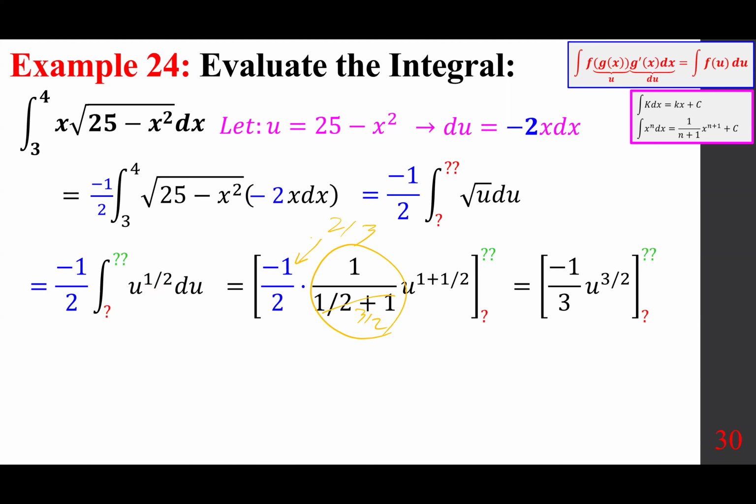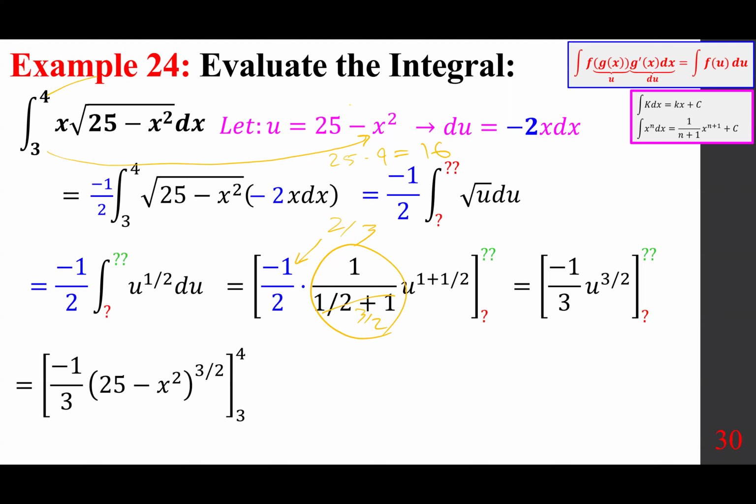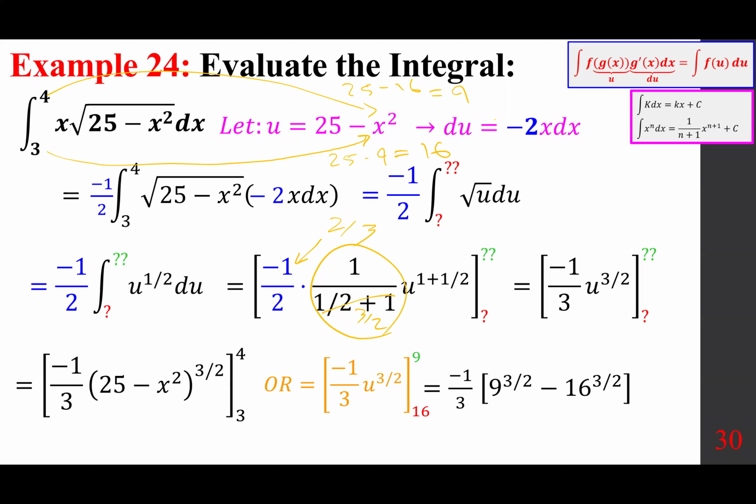And we can go back to original variable and original limits. Or we can put the 3 here, it becomes 9, 25 minus 9 is 16. Or we can put the 4, we get 16, 25 minus 16 equals 9, and use those limits. We plug it in, and we end up with the following.